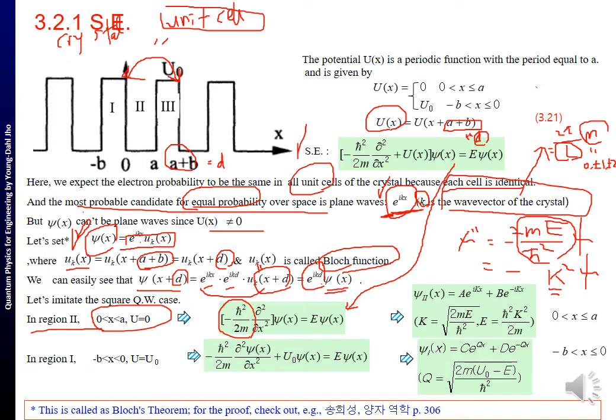If you don't know that, still it's okay. You will repeatedly study the meaning of this in your future.